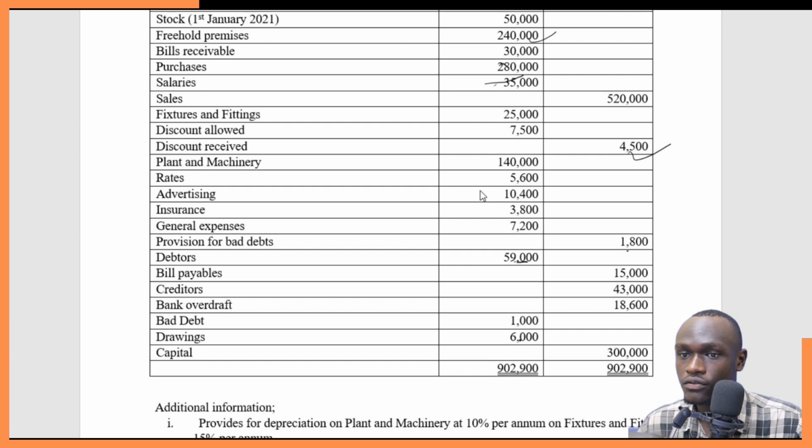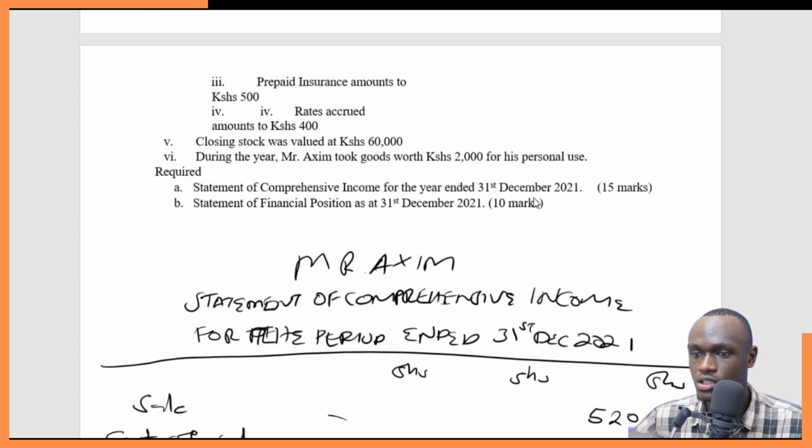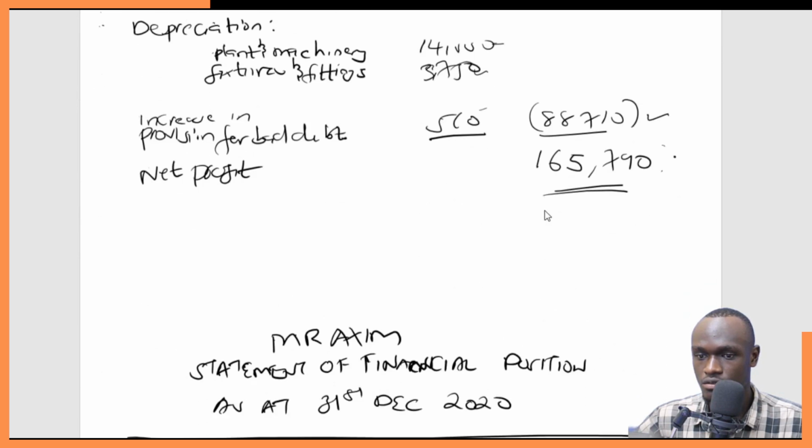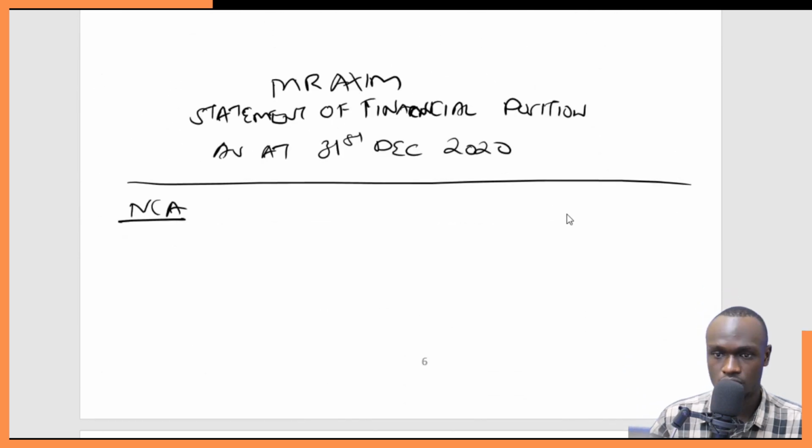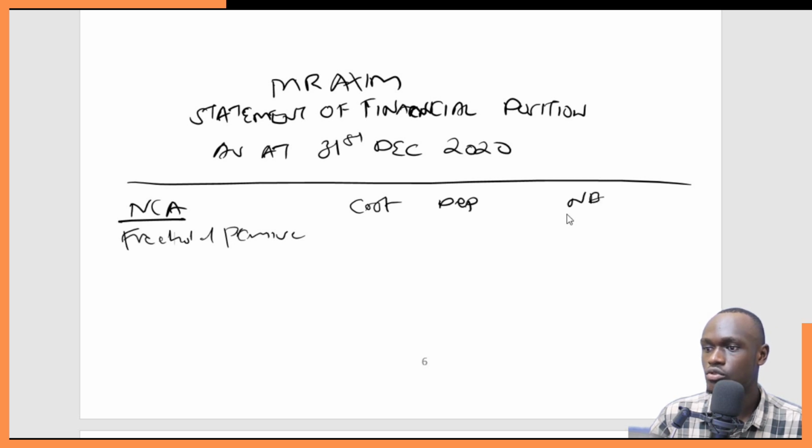Then we have fixtures and fittings 25,000 and plant and machinery at 140,000. Freehold premises, depreciation, net book value, it's 240,000.